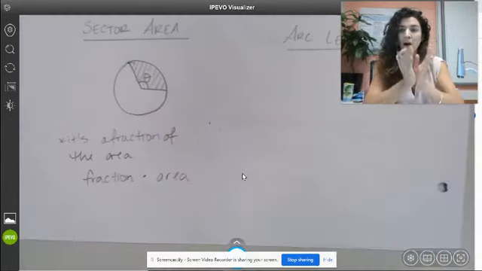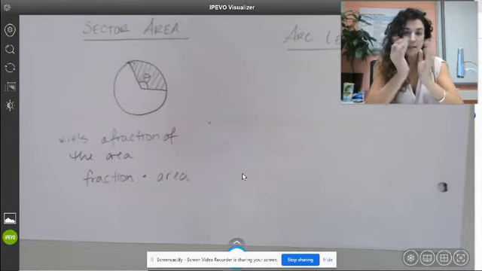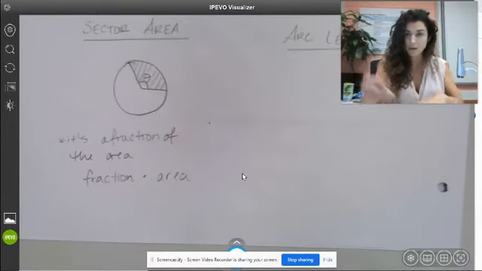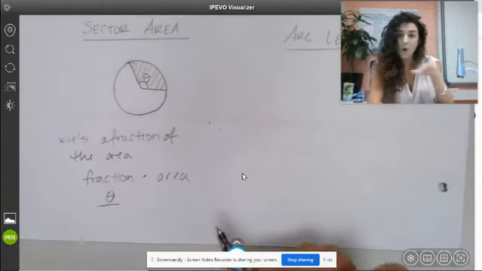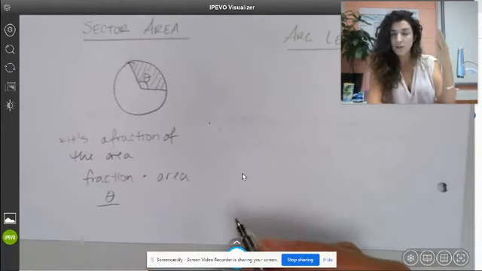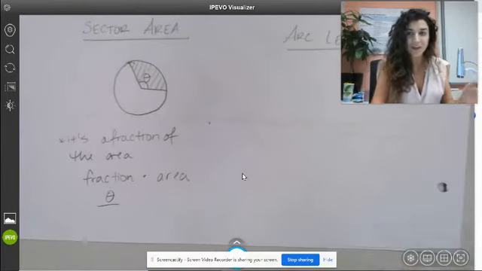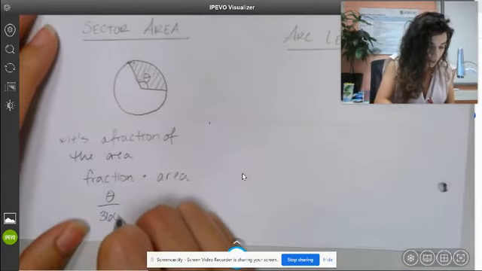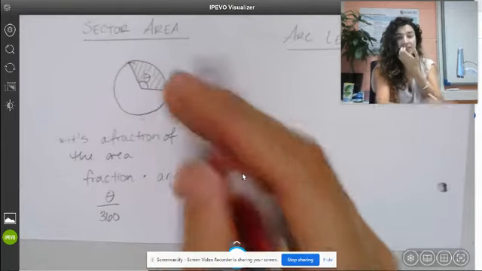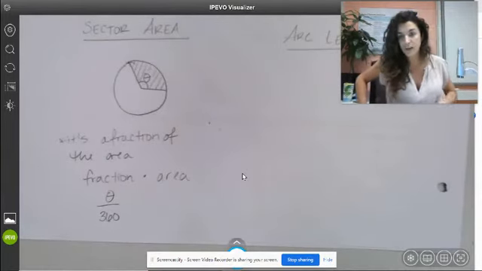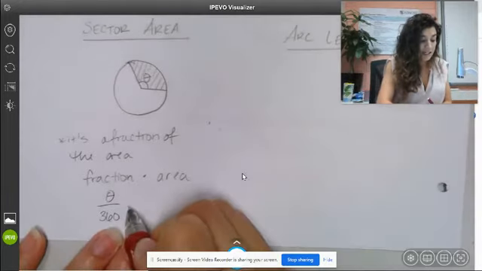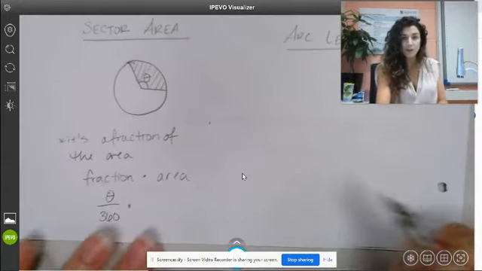So this central angle is a part of the whole circle, and that's the part over the whole aspect of fractions that we hear a lot, theta. The whole, what it's out of, is a circle amount of degrees, 360. So your theta, your angle right here, is how much of that circle we are looking at out of 360. And then it's just times the area of a circle.